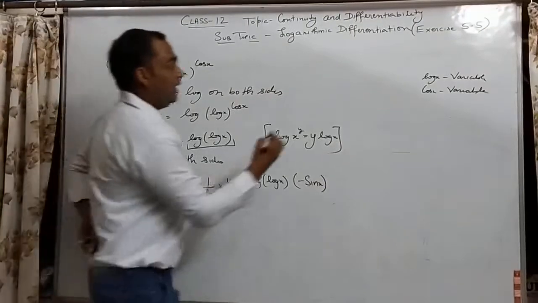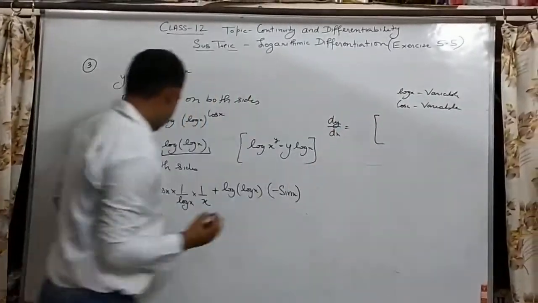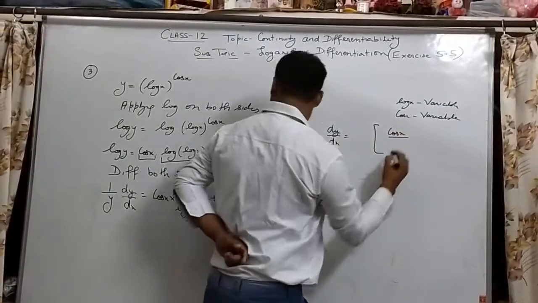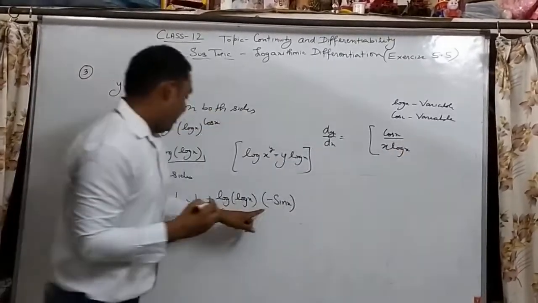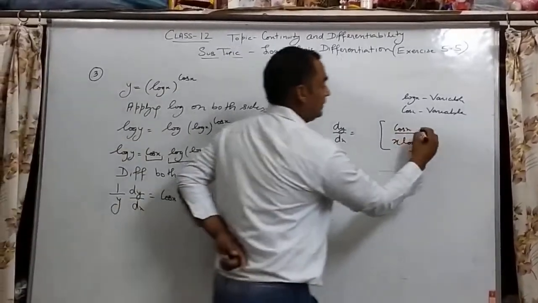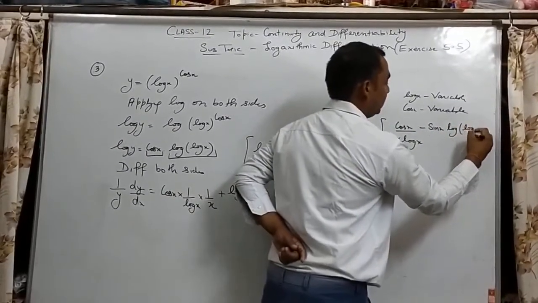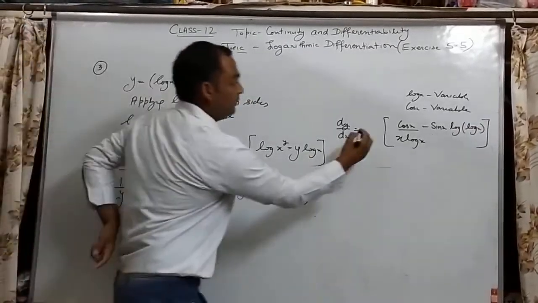Now therefore dy upon dx, this comes out to be cos x upon x log x minus sin x log of log x. This y after cross multiplying comes here.